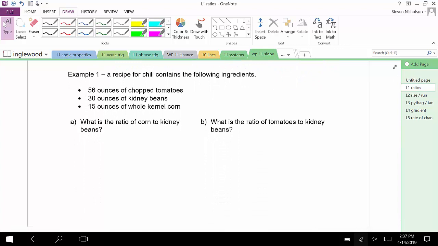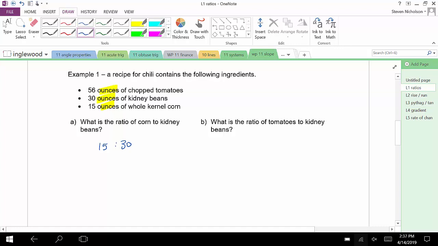So here's a quick example of determining the ratio. The first part is, what is the ratio of corn to kidney beans? And again, notice that the units are all the same, so that fits our definition. So what we would have is 15 ounces of corn to 30 ounces of kidney beans.